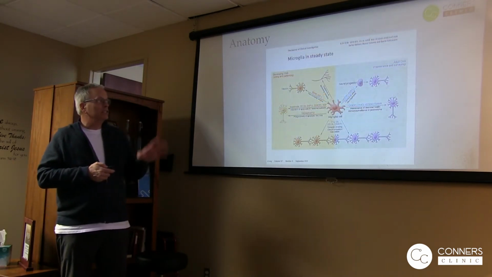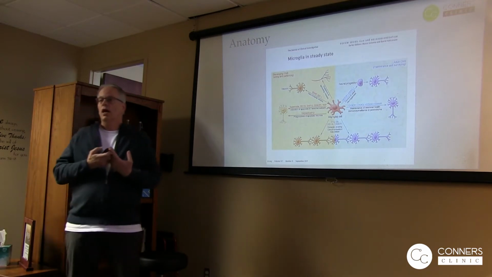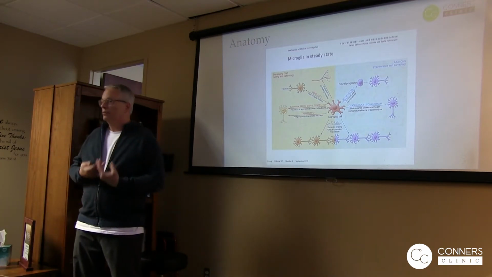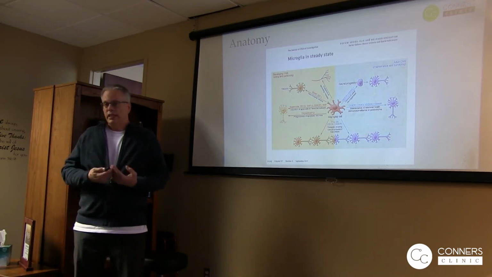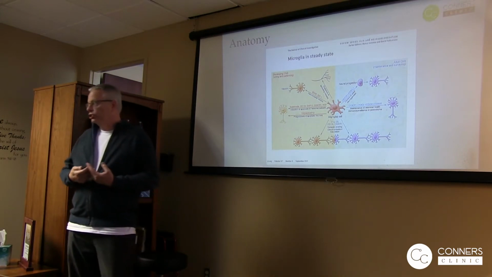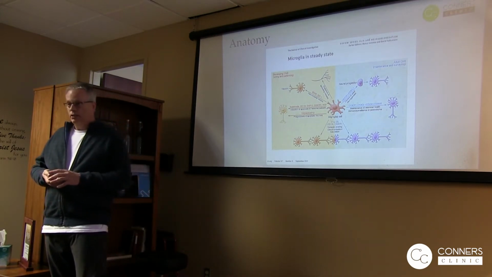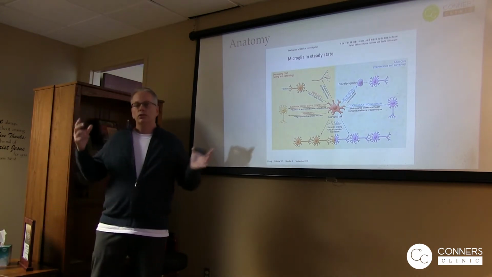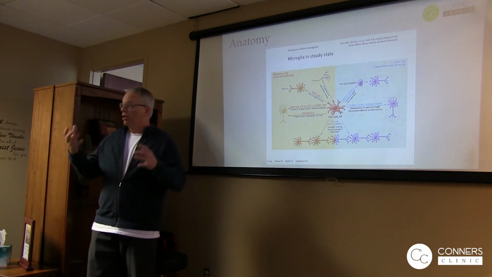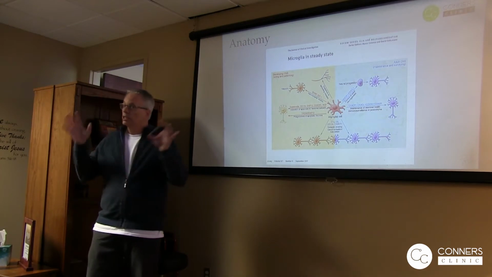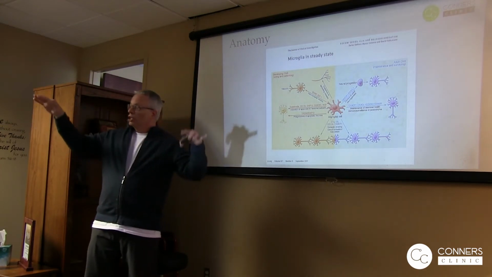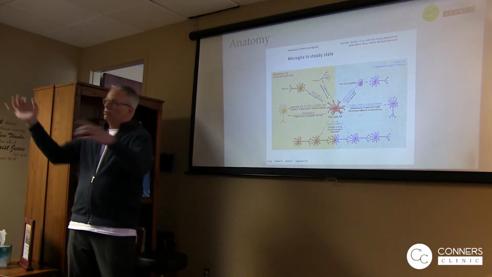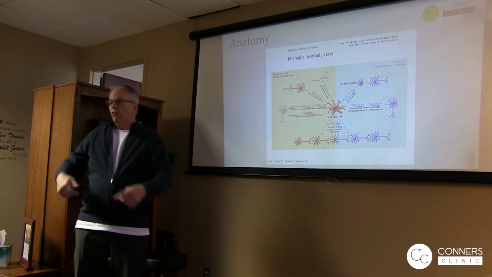So microglial cells do the function in the brain that you could think that macrophages do in the body. So remember your immune response. When you have an immune response, you have circulating macrophages that are already activated macrophages, meaning that they're circulating around looking for pathogens to wrap themselves around, engulf, and destroy.